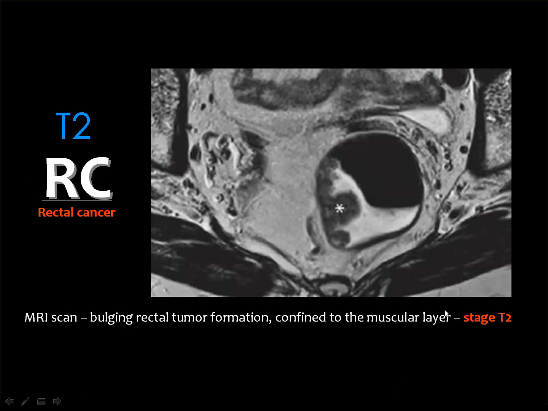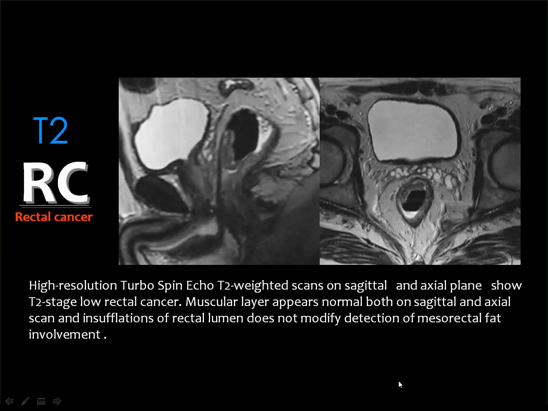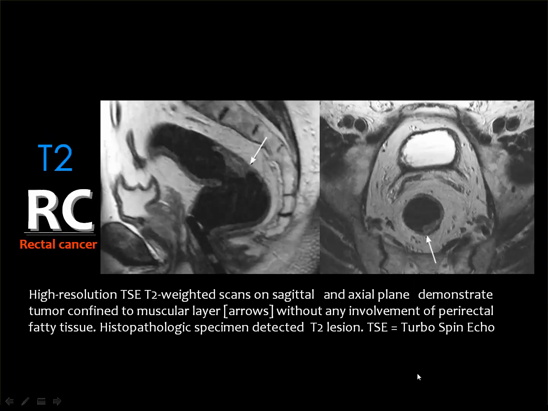And this is T2 cancer, where in the muscularis propria, the low signal line appears intact at the base of the tumor. And this is also a T2 rectal cancer, where you can see the tumor and you see the integrity of the anterior aspect of the rectum, and also it's very clear in the T2 weighted image.